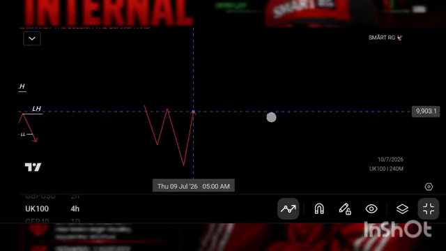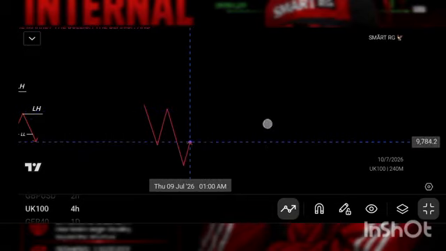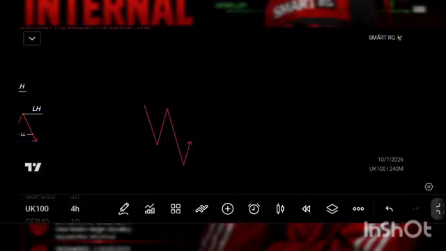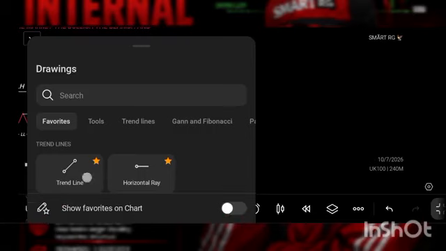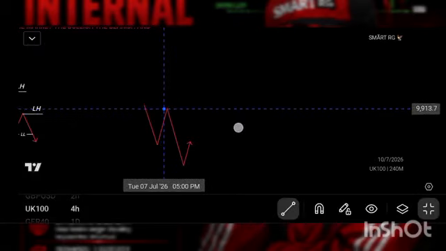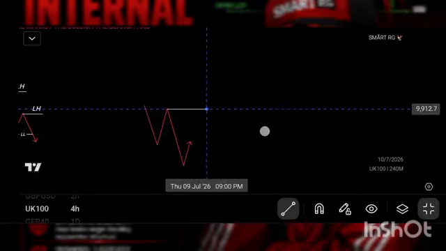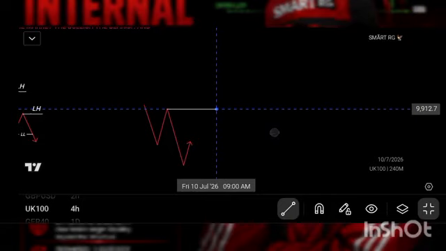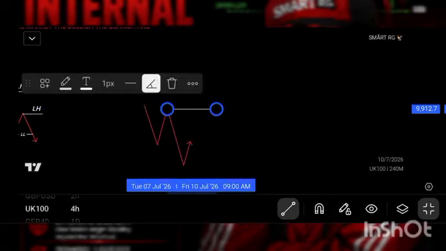I will need to use a candlestick to explain this. Now remember, let me mark out this one: our internal liquidity, or what? Structural point.